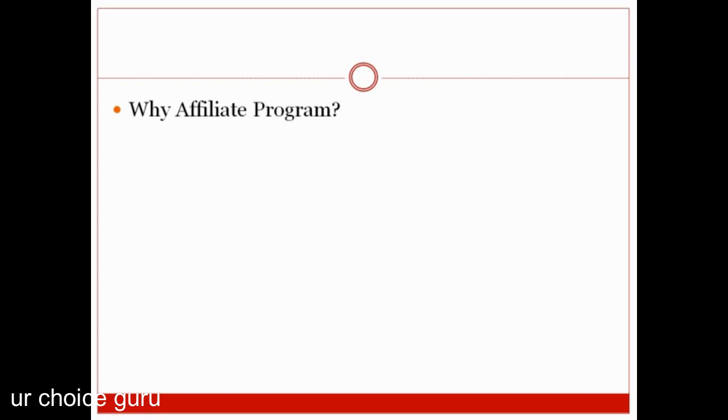Obviously, by now, you should understand why you need an affiliate program. But some of you might be thinking, well, why should I give away 50% or even 75% commissions to somebody else? Well, the bottom line is simple, because if you give away a certain percentage of commissions, when affiliates promote your product, it's not taking a lot of your time.